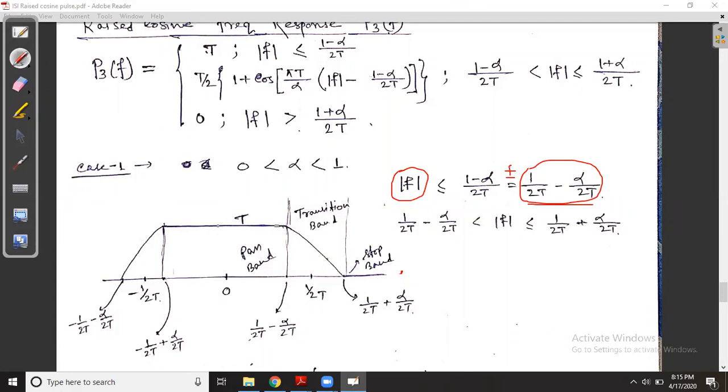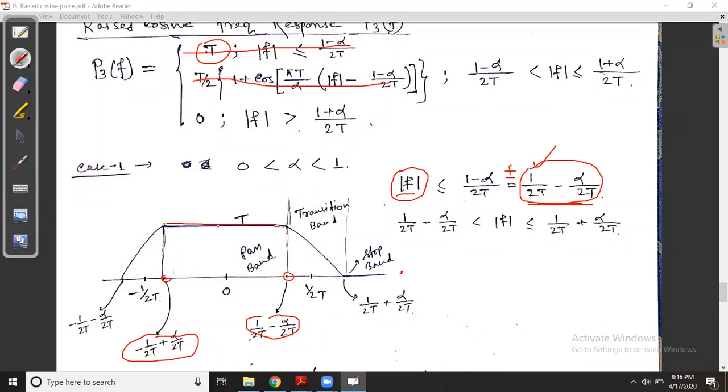So plus this term, minus this term, the same term. And we can see that the value of frequency is less than 1 by 2T. So I am considering somewhere here, negative side also somewhere here, the value of frequency. So this is one value, and due to minus this value is coming, and in between this is the constant amplitude of the pulse, that is T. That is the first one, for the first condition.